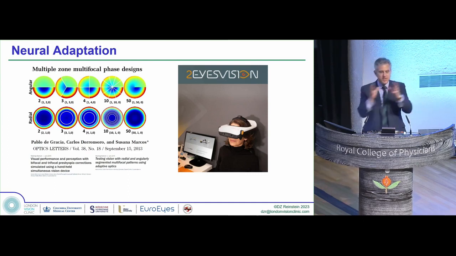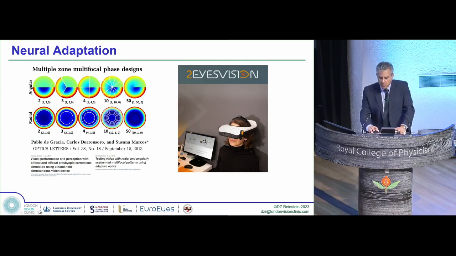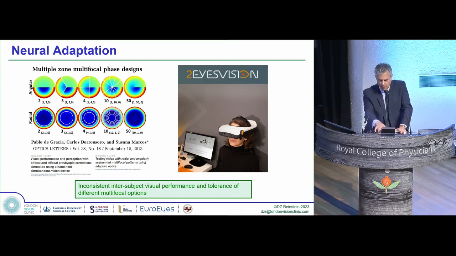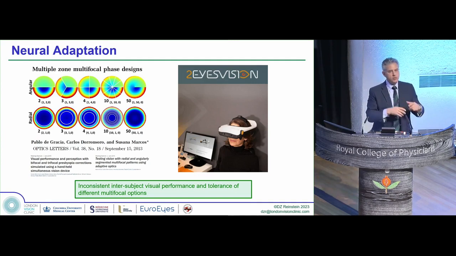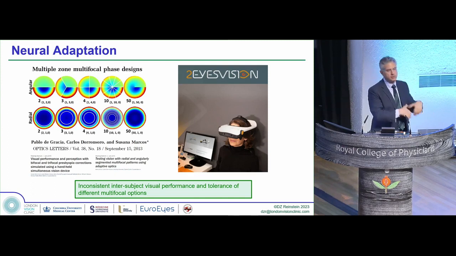That would be pretty cool if we could do that. So she tried bifocal, trifocal, quadrifocal, and then 1 ring, 3 rings, 4 rings, 10 rings, 50 rings. And sadly, they found totally inconsistent inter-subject visual performance and tolerance of the different options. So this machine won't be useful for distinguishing whether you can put in a segmental multifocal like a Lentis or a diffractive multifocal like a Lisa Tri.